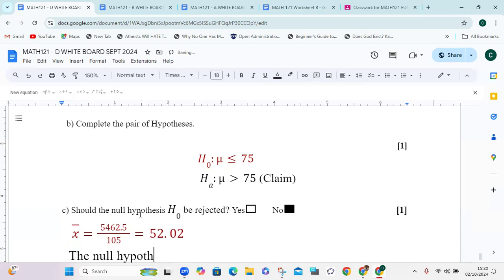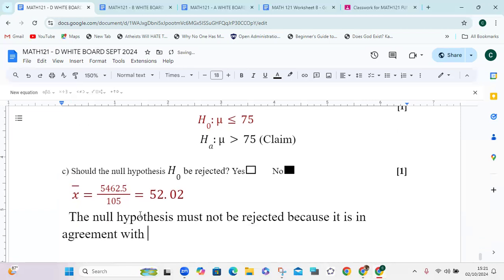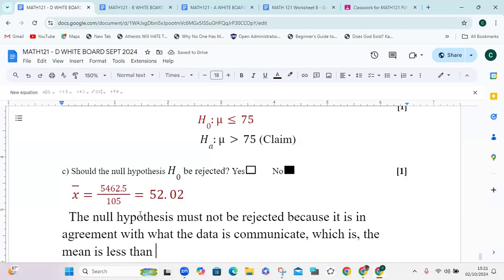The null hypothesis must not be rejected because it is in agreement with what the data is communicating, which is that the mean is less than or equal to 75. Specifically, 52.02.